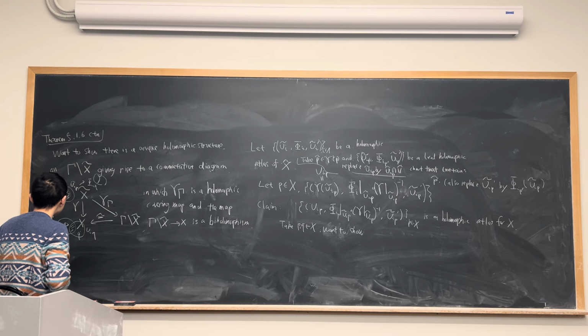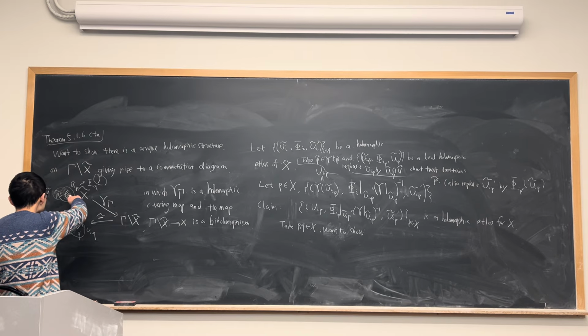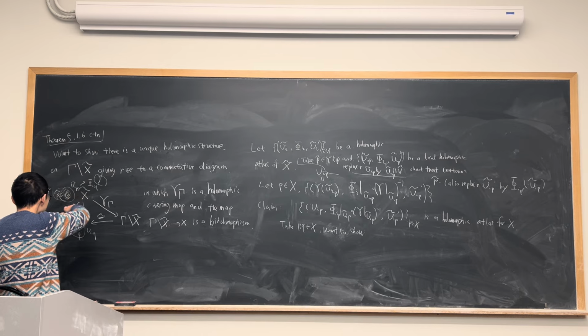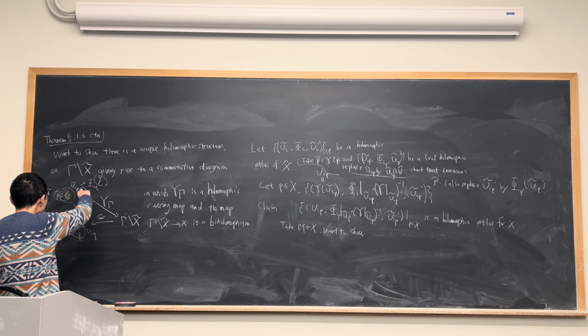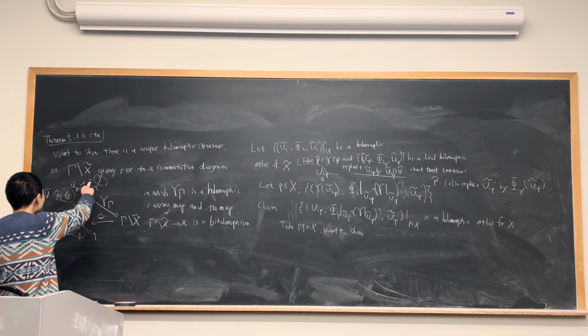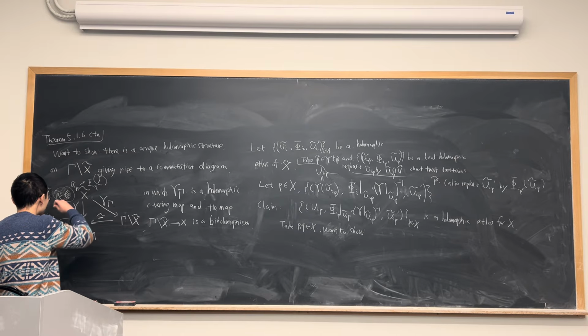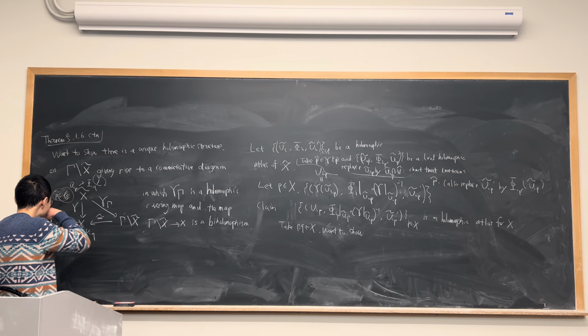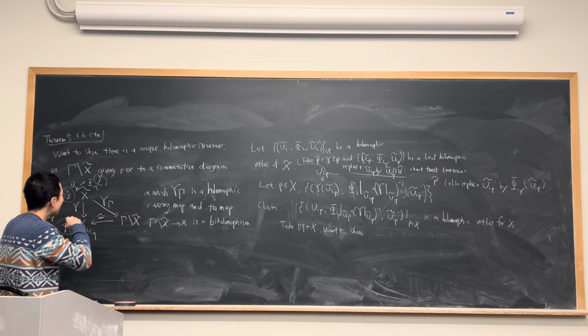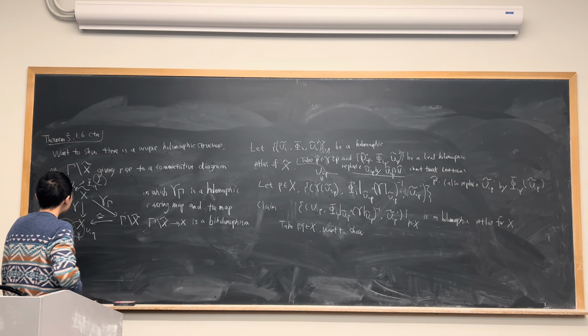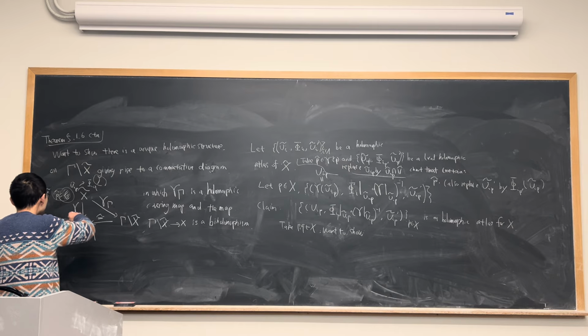So why are they both holomorphisms? Because this will map from here to here, and then we compose it with this phi, so with this gamma, and then we compose this gamma inverse, right? So that becomes an identity.